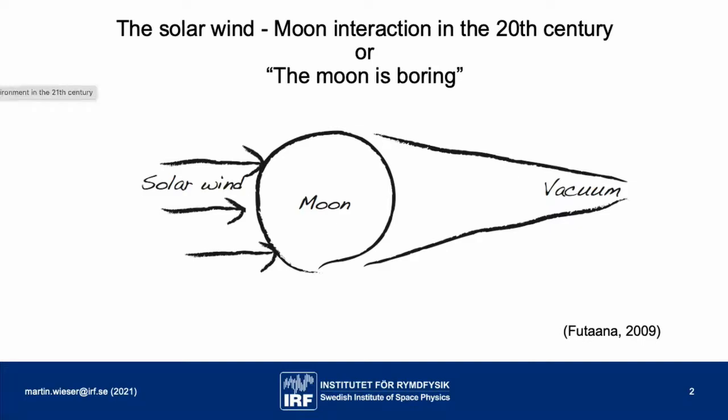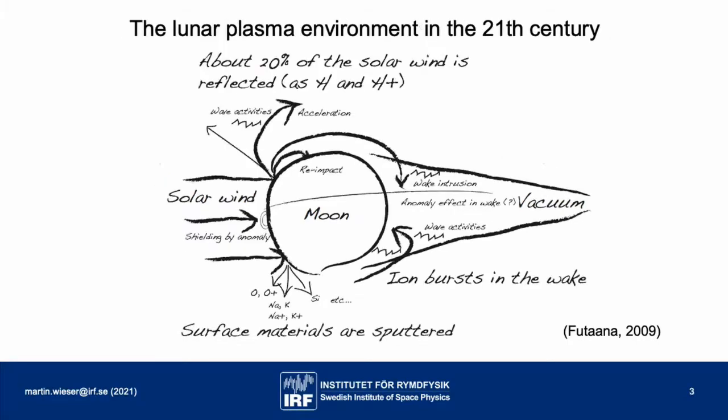However, with the advent of the new missions to the moon, this picture changed dramatically. This is a collection of all effects which we now know happen when the solar wind is interacting with the moon. A surprising number of these involve energetic neutral atoms.